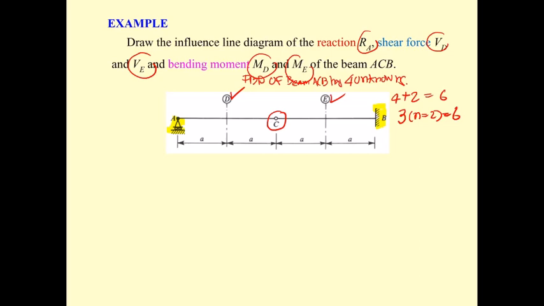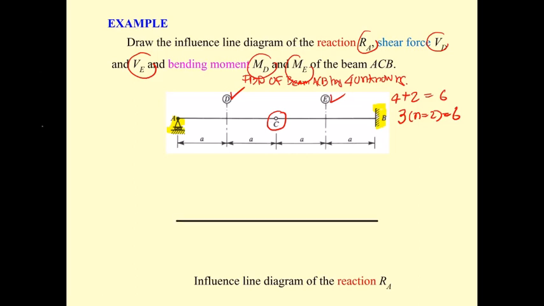If we start with the influence line of R sub A, what we do is we release the force of R sub A by doing this. Just release. Okay, and then put the R sub A here and move this one for 1.0.